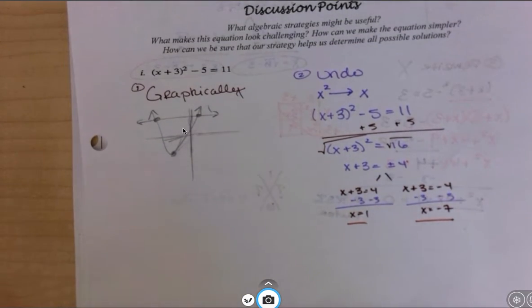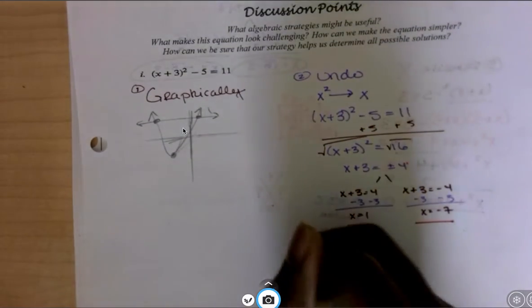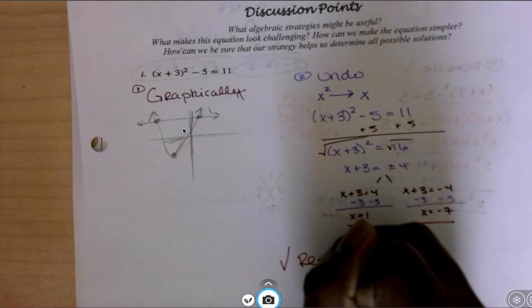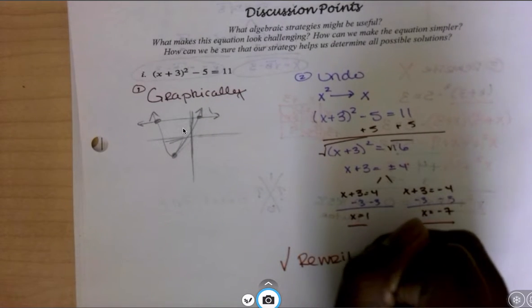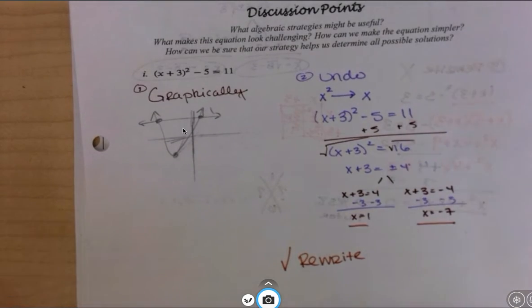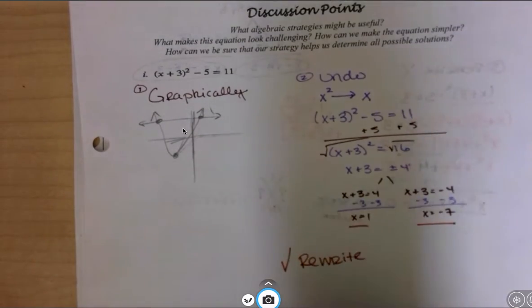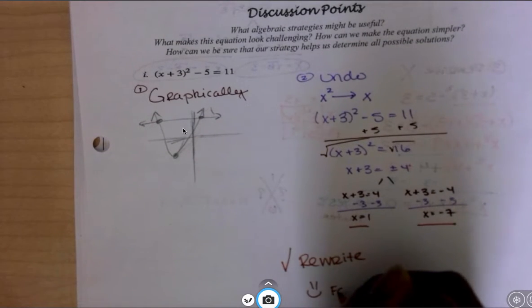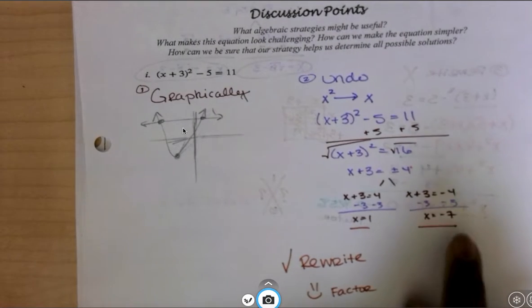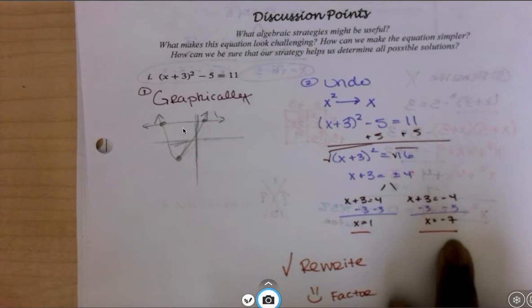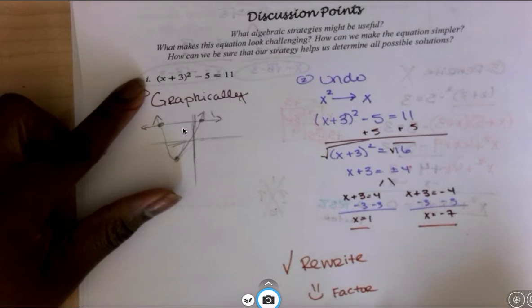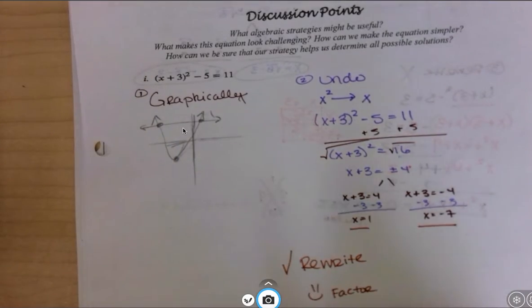They gave us numbers without decimals. This one, you could have definitely rewrote, and you would have received the same answer. So if you like to factor, this would have been a great one to rewrite. However, if you look at the structure of it, maybe undoing it was a bit easier.